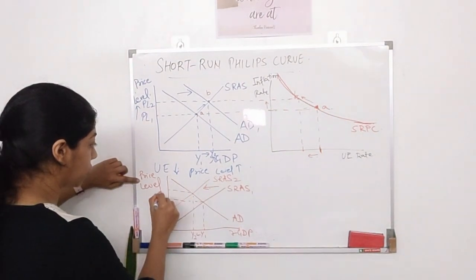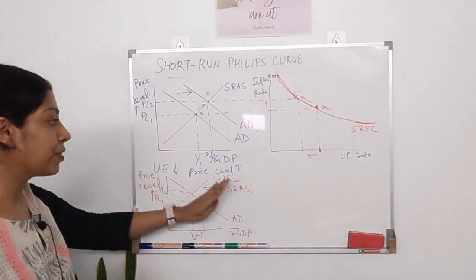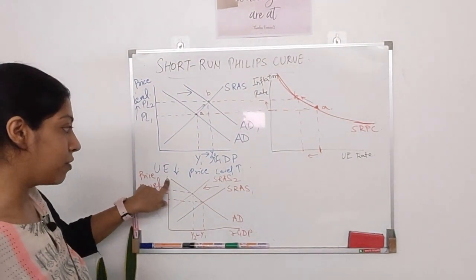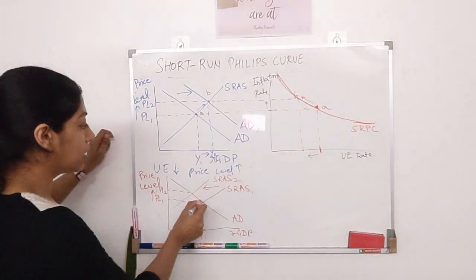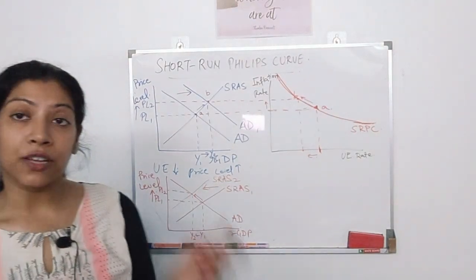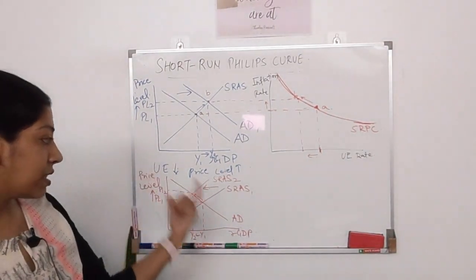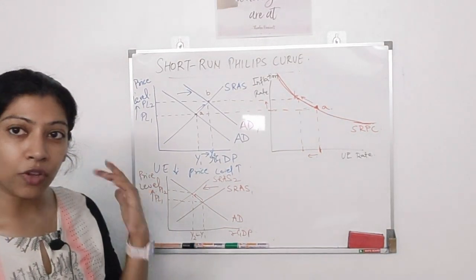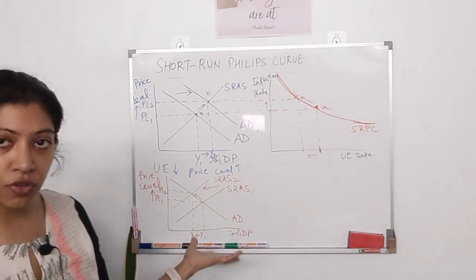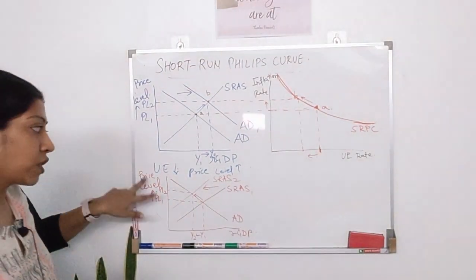Price level is going to increase. So a decrease of short-run aggregate supply leads to an increase in the price level, which leads to an upward movement along the aggregate demand curve. There is less income in the economy, and unemployment has increased. This is a bad situation for the economy. The economy is going into lesser and lesser employment, and at the same time there is an increase in price level.